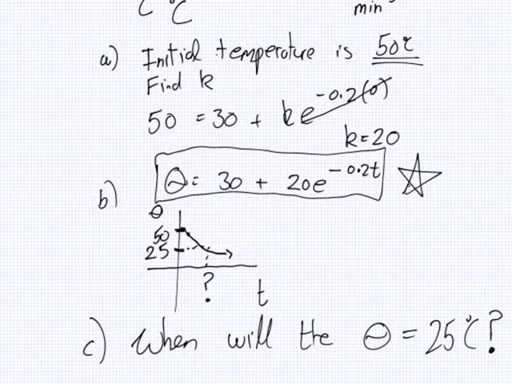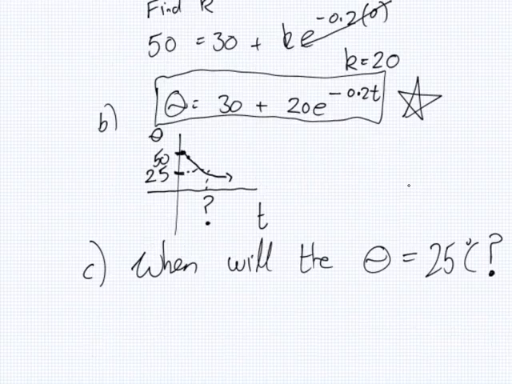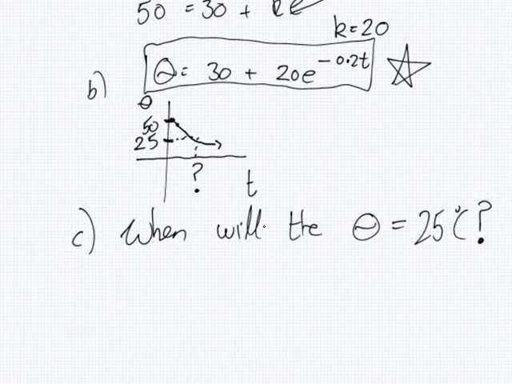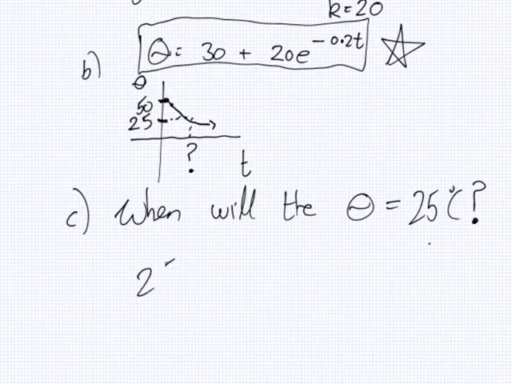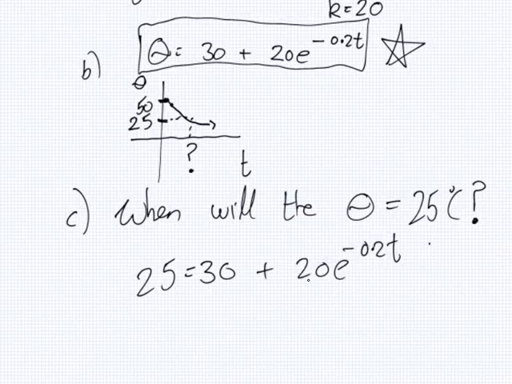Okay, let's have a look at this now. I'm looking for when the temperature is 25, yeah? I need to make the theta 25. So basically my question was to solve this equation. So what to do first?